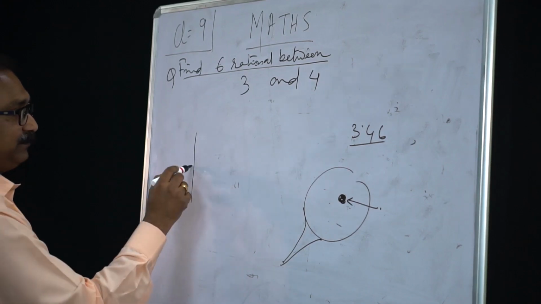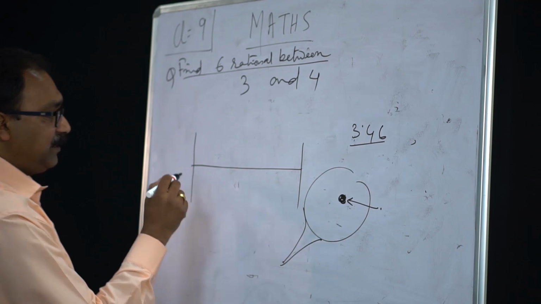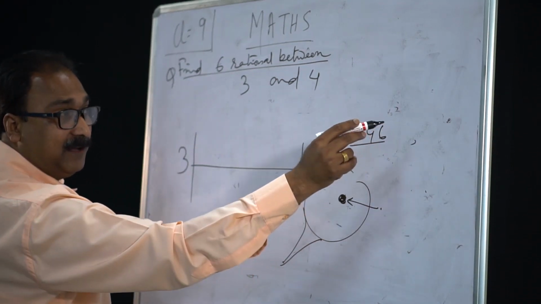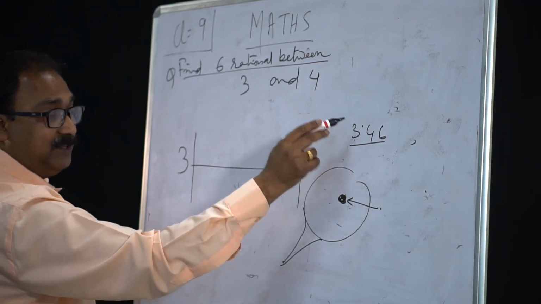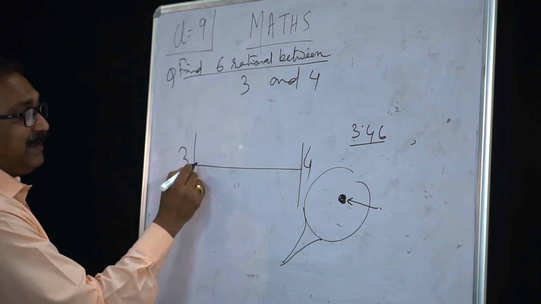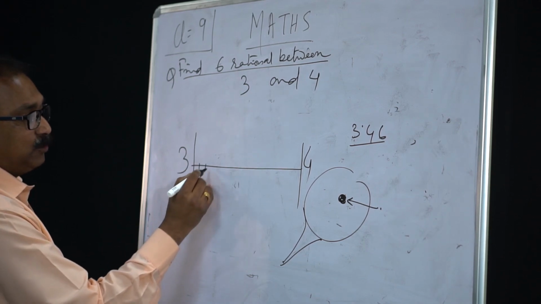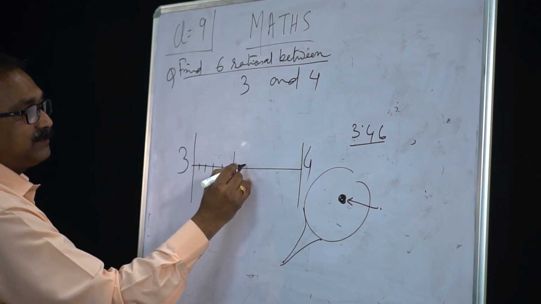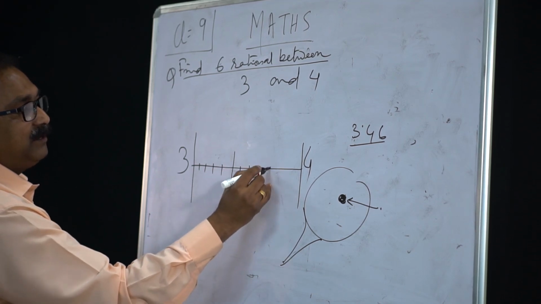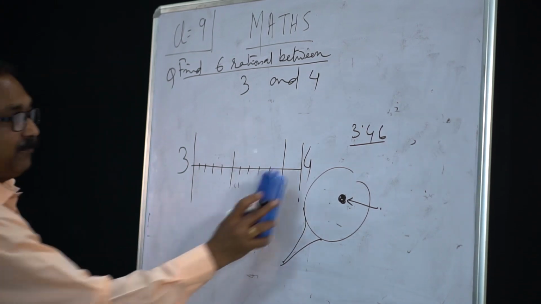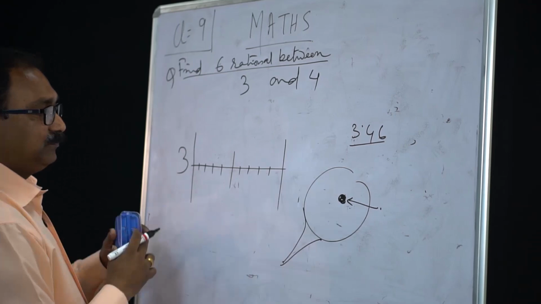Look at here. This is 3, I consider the first number. After 3, the next whole number is 4. So I have to divide it into 10 equal parts: 1, 2, 3, 4, 5, 6, 7, 8, 9, 10. So I'll make it 4 here. Clear?